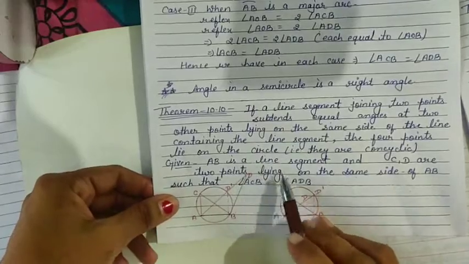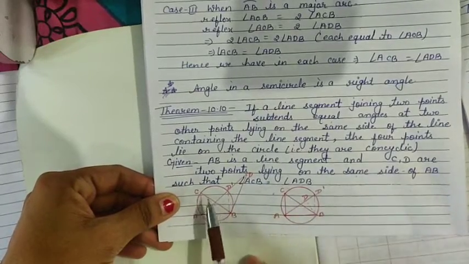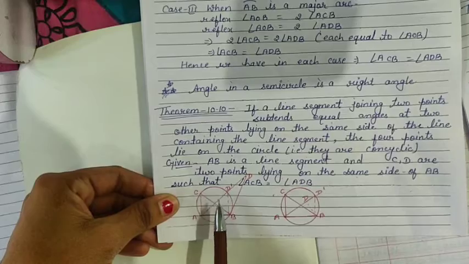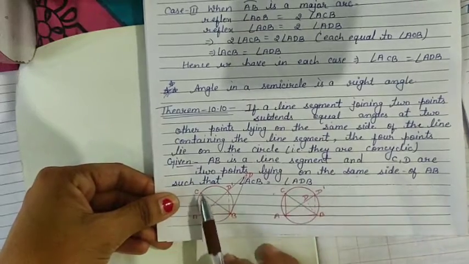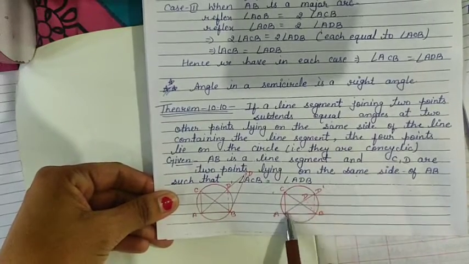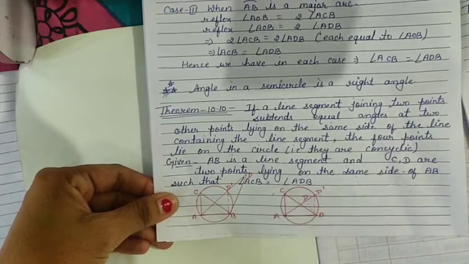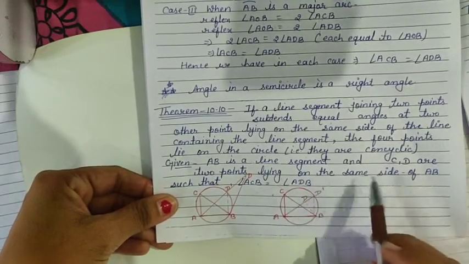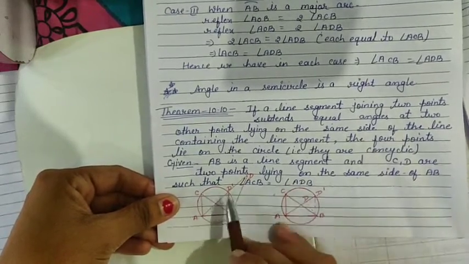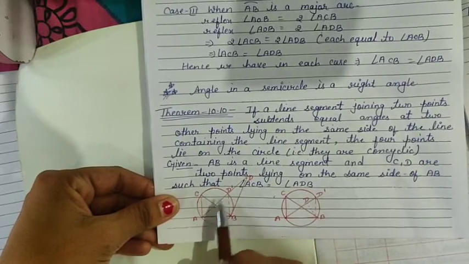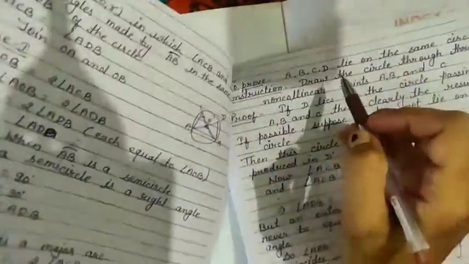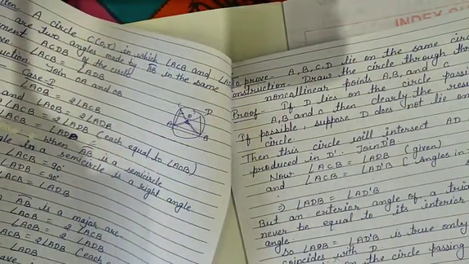Given AB is a line segment and C and D are 2 points lying on the same side of AB, such that angle ACB equals angle ADB. We have to prove that A, B, C, D lie on the same circle.